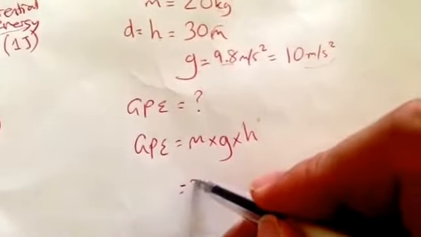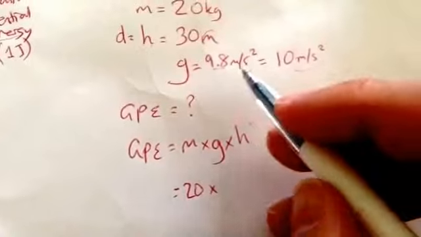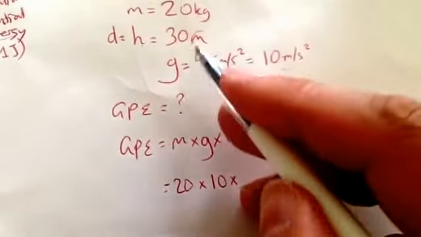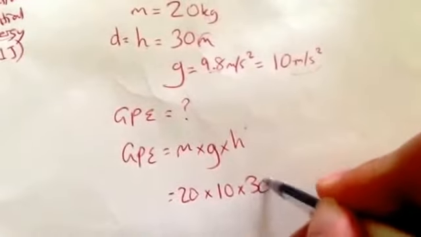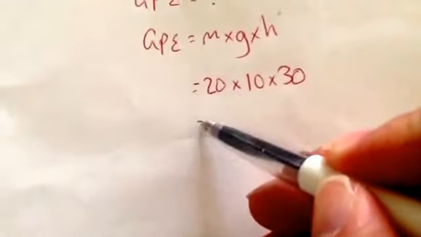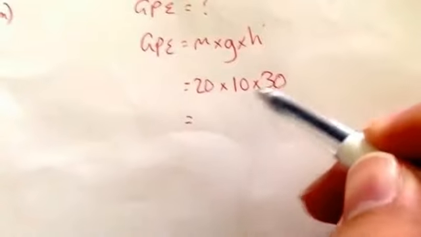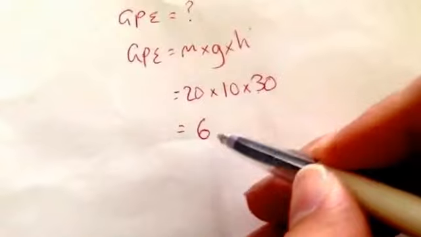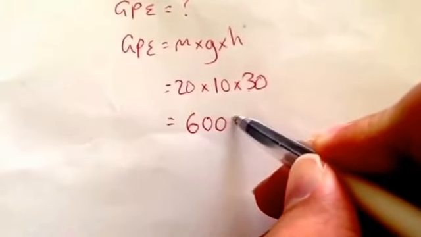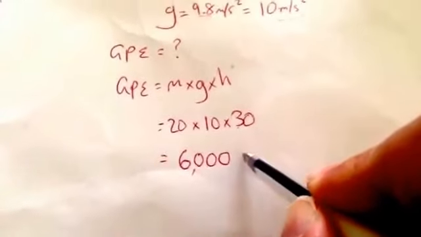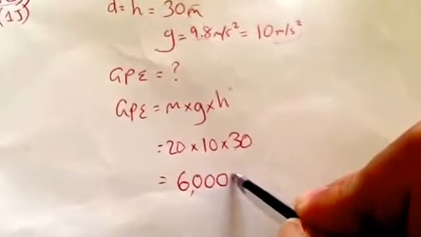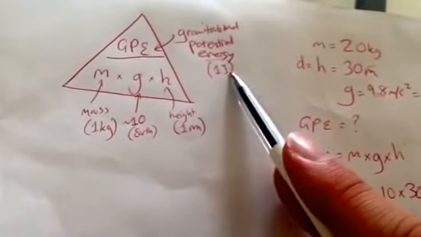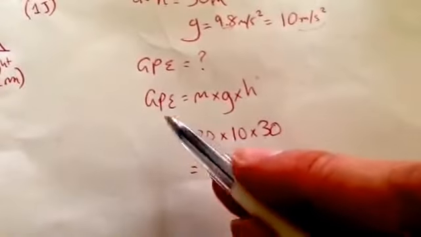Mass 20 times G, I haven't got a calculator so I'm going to use 10, times height 30. 2 times 1 is 2, times 3 is 6. We've got 3 lots of zeros here. So the answer will be 6,000, and don't forget the units of GPE, joules. And there's your answer.